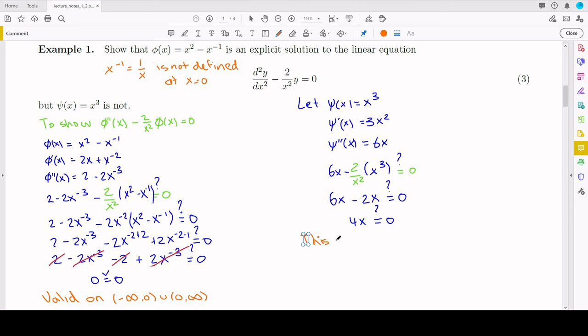This does not hold on an interval. It is only true when x is 0.